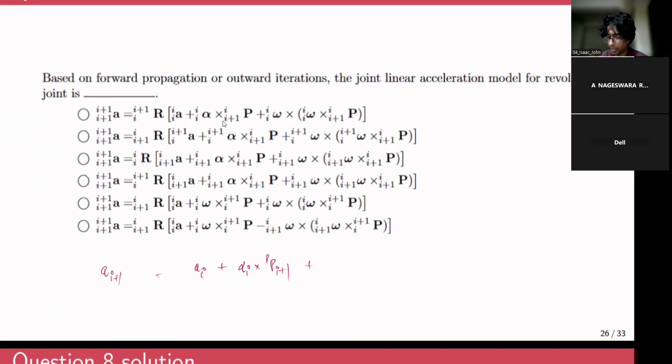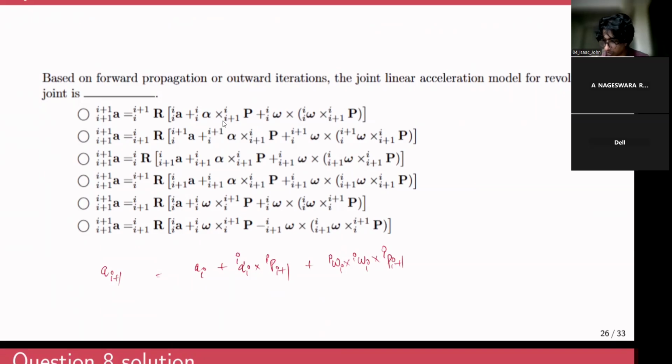Then we have the centripetal component, I omega I cross I omega I cross I plus 1. These are the components we have if the joint is a rotary joint.